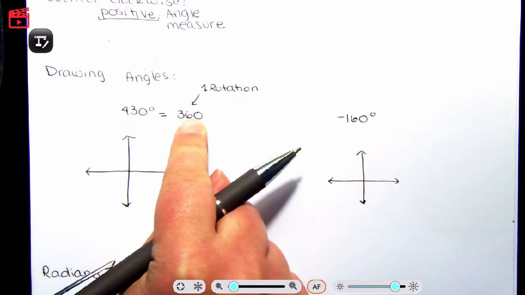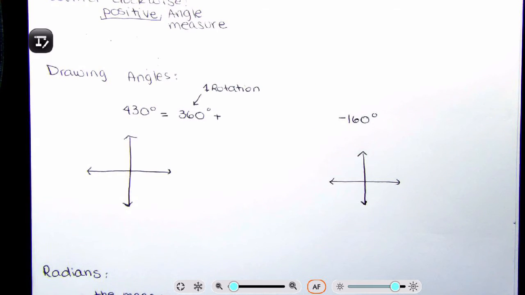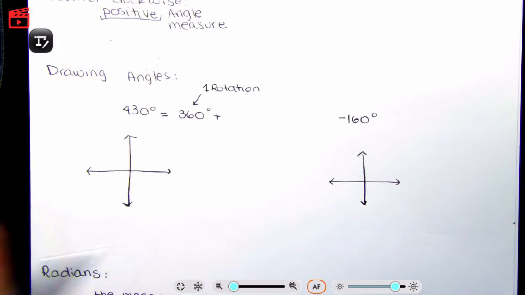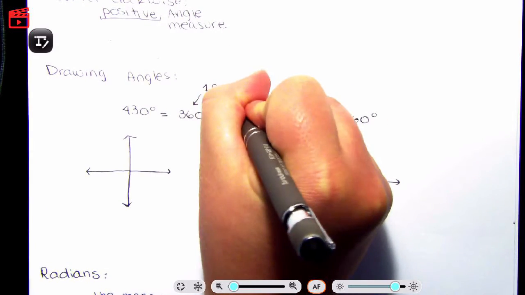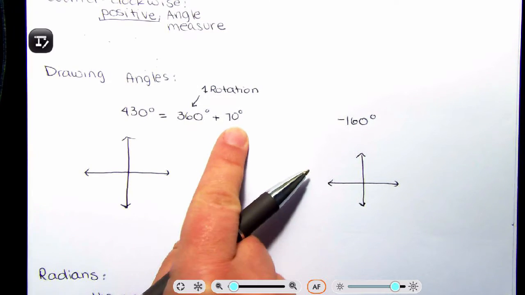One rotation or one circle is 360 degrees. How much more do I need to go after that? Well, if I have 360 and I need to go to 430, that means I need to go an extra 70 degrees. So I go one full rotation plus 70 more.